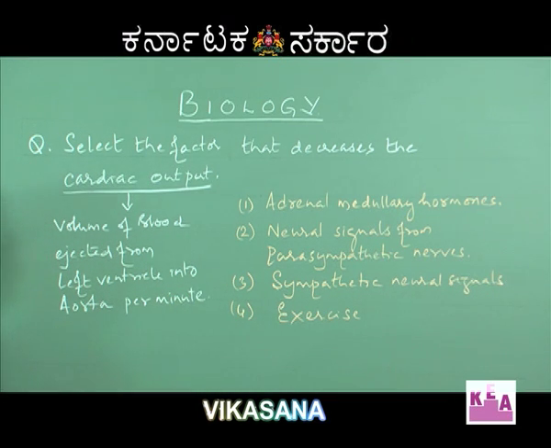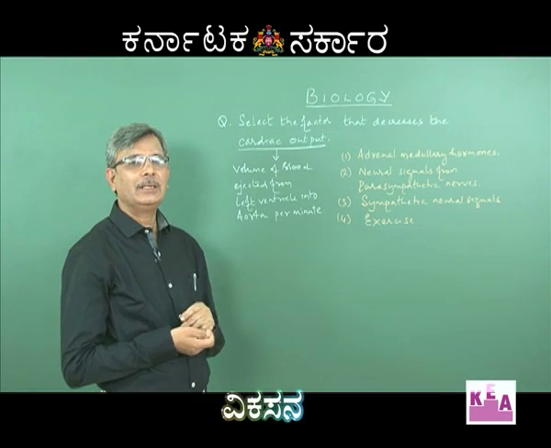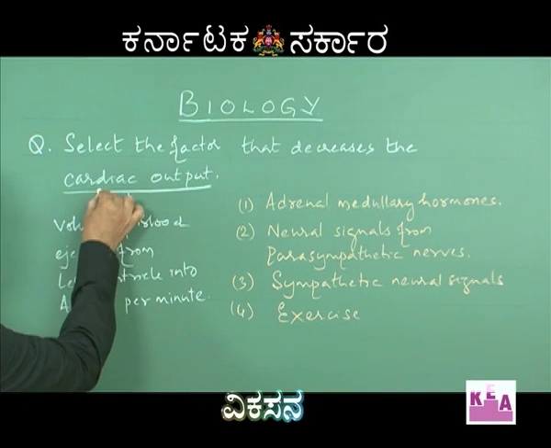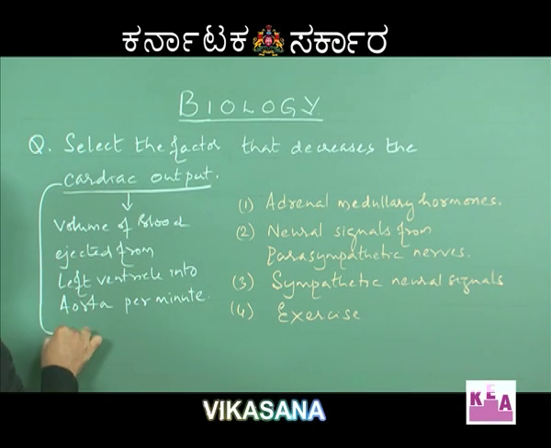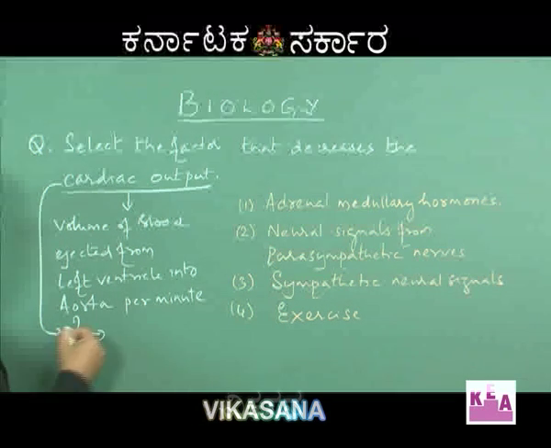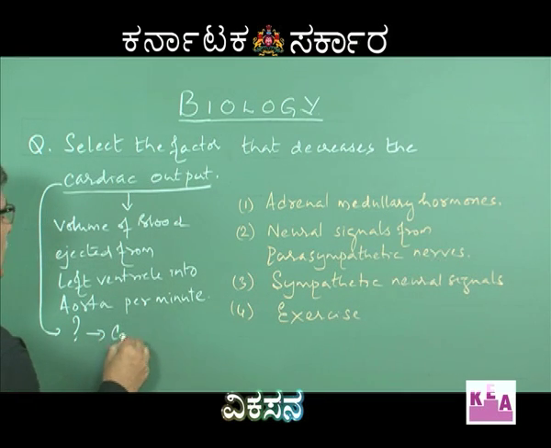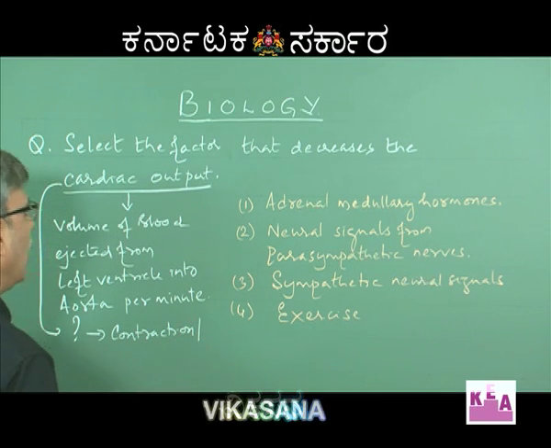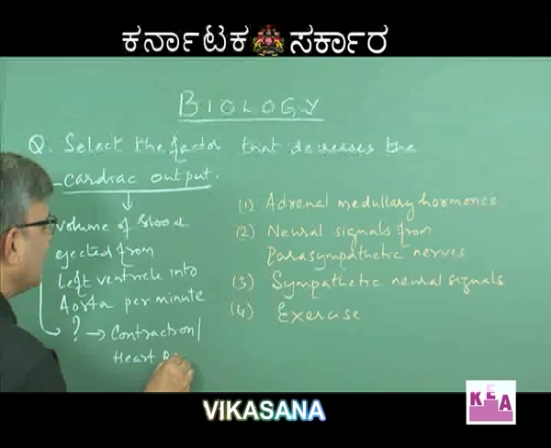So it is the minute volume of blood leaving the left ventricle into the aorta. And what is responsible for cardiac output? Naturally, it is the contraction of the heart chambers, what you call heart rate.